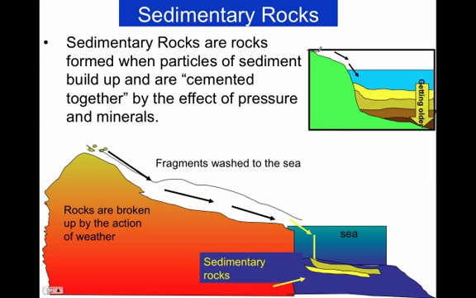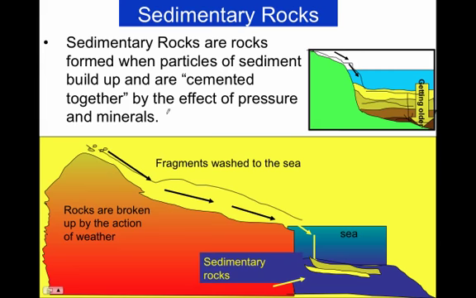The sediment, thanks to the action of runoff, will dump broken down rock from weathering and erosion into layers. The bottom layers start to really get cemented due to the weight and therefore the pressure of all the layers above it. And that's how we form this type of rock.